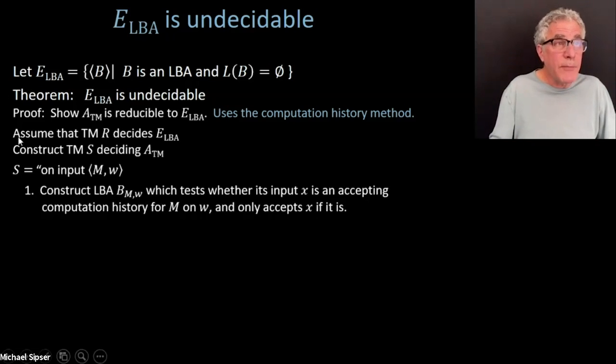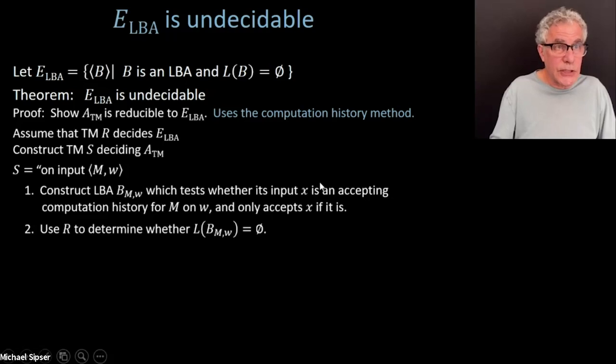The trick is, how do you build this LBA? So first you're going to make this LBA which tests its input to see if it's an accepting computation history for M on W. And you have to build this LBA without even knowing whether there is a computation history.